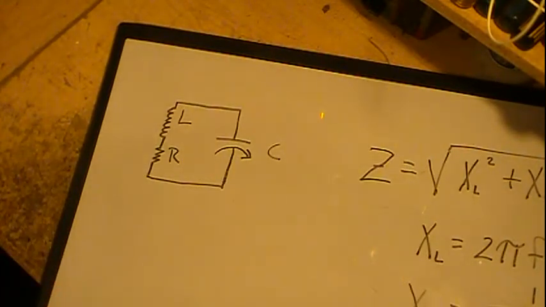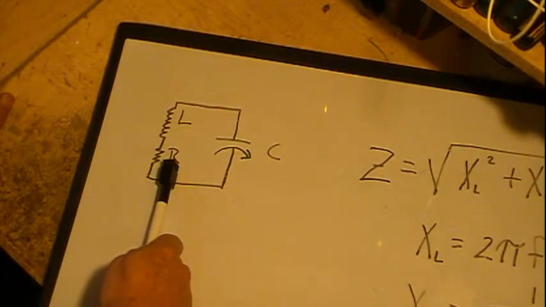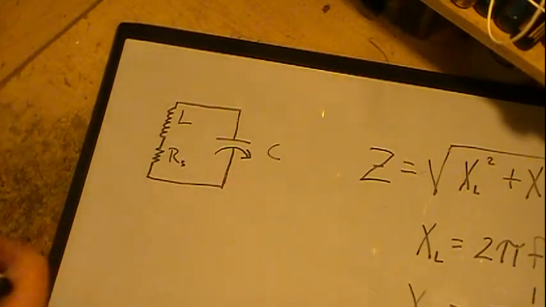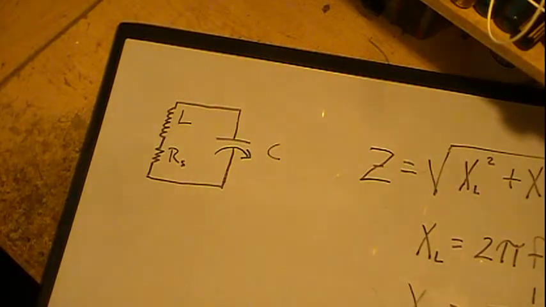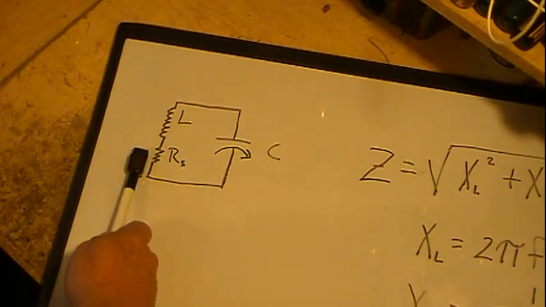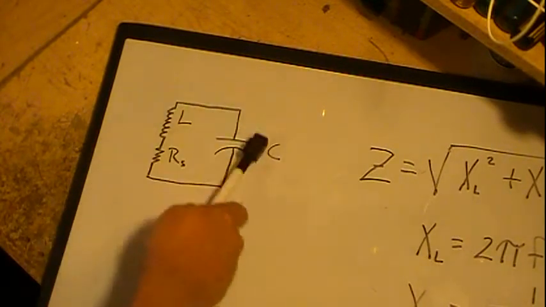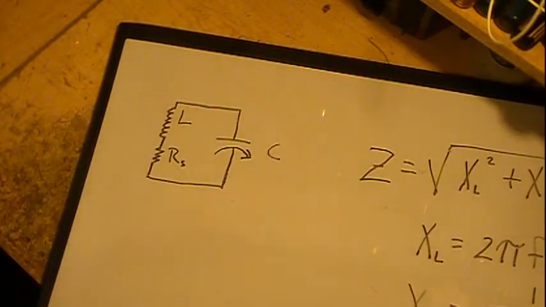A lot of schematics have resistance values on them, and you just take your own meter and check the coil and see if it matches. That resistance is generally R sub S. It's known as series resistance, which is the true name of it, but it can be represented as just a resistor in a circuit.